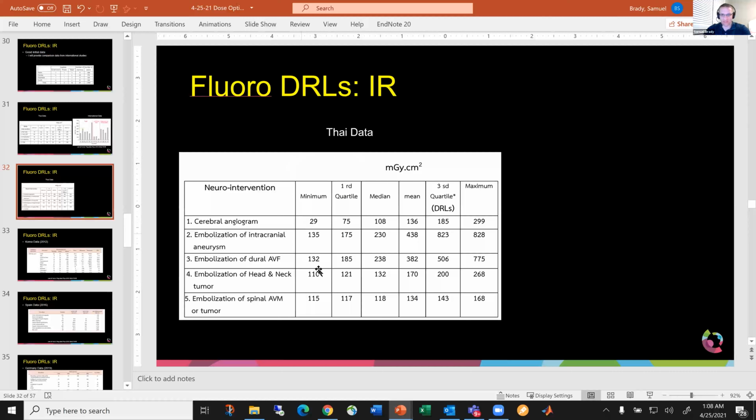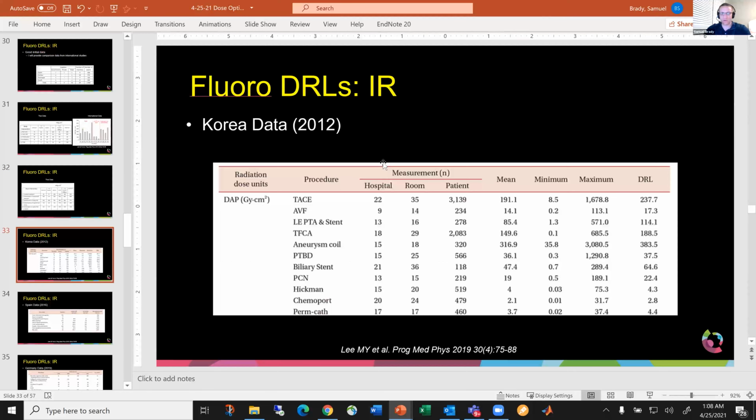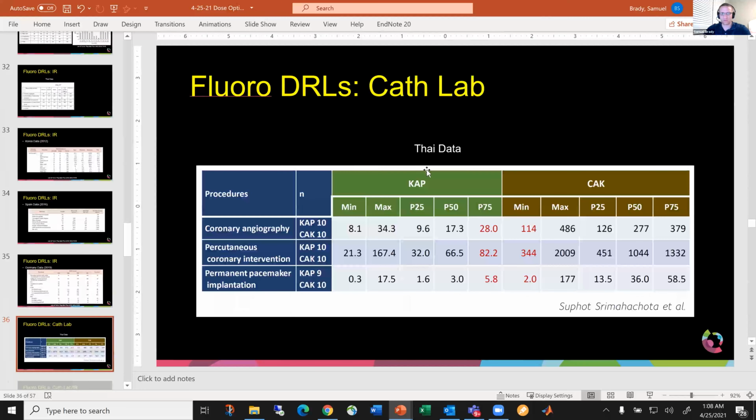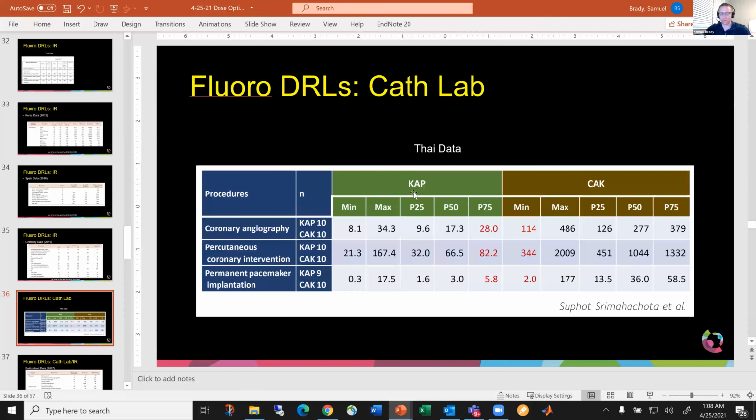In this example right here, this is KAP or DAP for your interventional and your neuro, and then for your cath information, you did both KAP and DAP, and the cumulative air kerma. So for diagnostic reference levels, I'd recommend doing those two things: KAP and air kerma. I think those are very important. They're two different numbers that can be used two different ways, as you may recall.